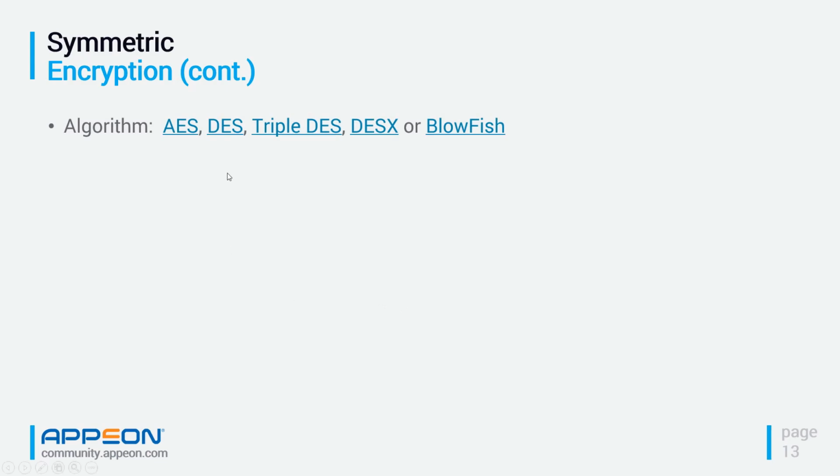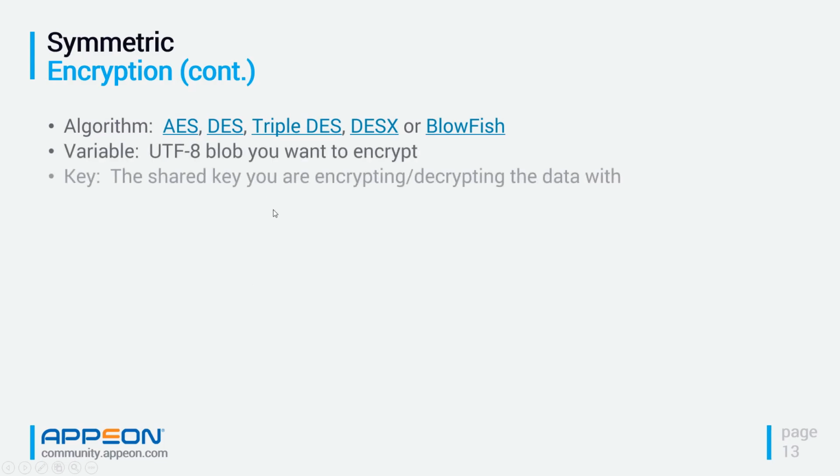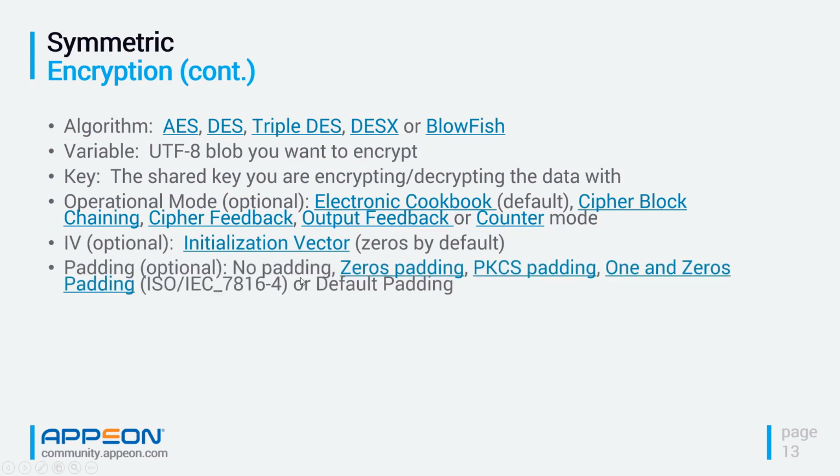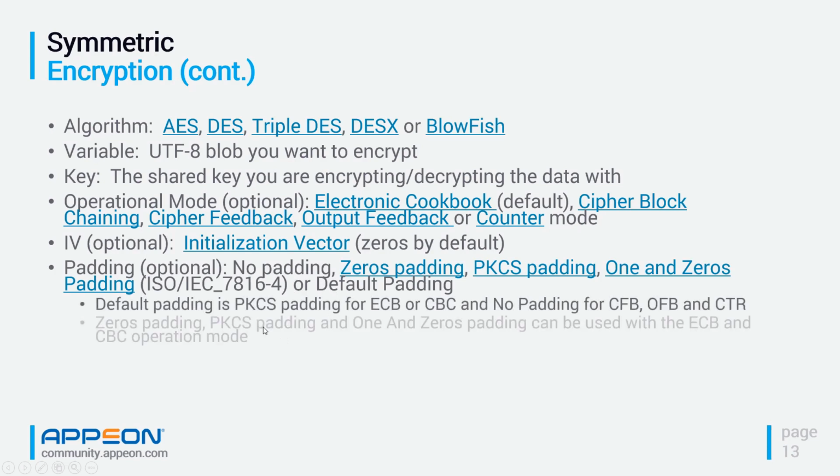There are 5 different algorithms supported, and once again these are the optional parameters. Electronic Codebook is the default for operational mode. The initialization vector takes zeros by default, and the padding by default actually varies depending on what algorithm is used. So if you use ECB or CBC, then you get PKCS and so on.